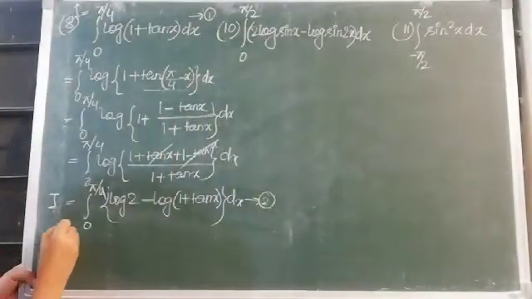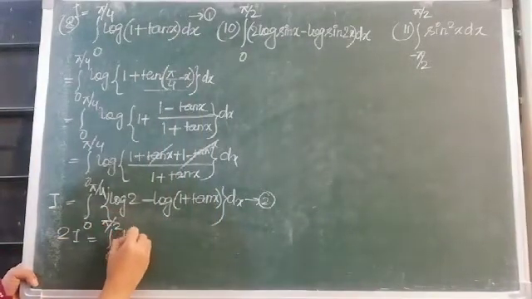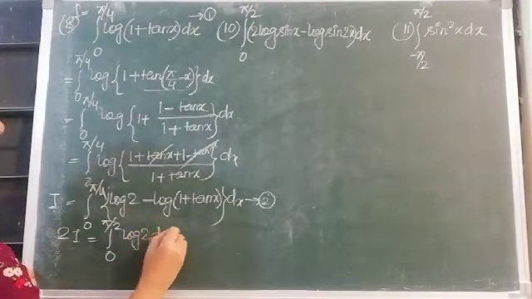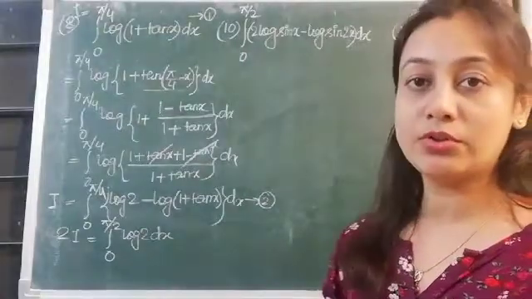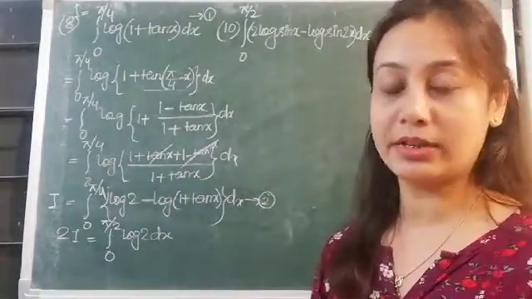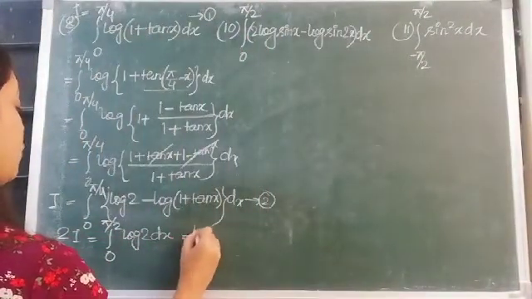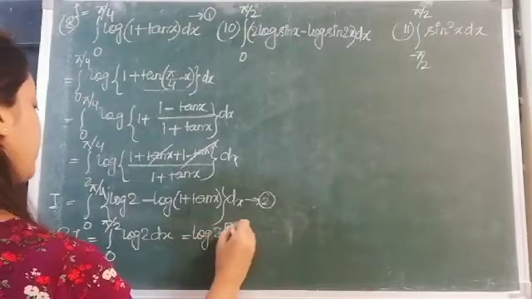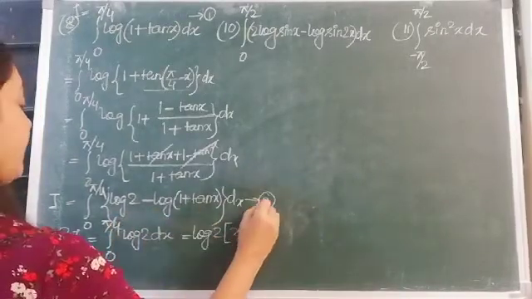So twice I will be equal to the integral from 0 to pi by 4 of log 2. And what is log 2? Log 2 is a constant term. While integrating, as I told you before also, if you get a constant term you will write it first. So log 2 you will write, and the integration of 1 gives x, so you get log 2 times x from 0 to pi by 4.